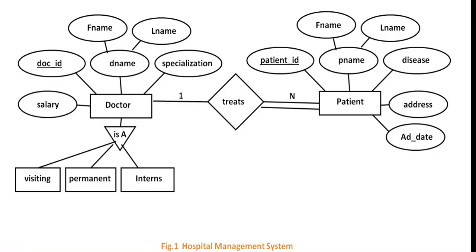A doctor can be a visiting doctor, a permanent doctor of that hospital, an intern, or a trainee working in that hospital. So it is a specialization in the extended or enhanced ER diagram. You can either show doctor as one entity, or you can show specialization by using this type of diagram. This is called an enhanced ER diagram.